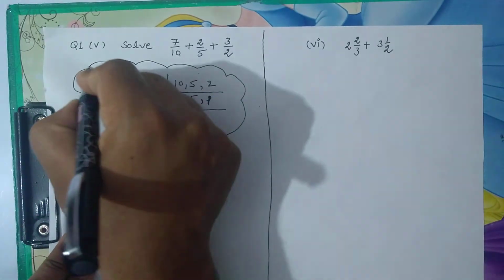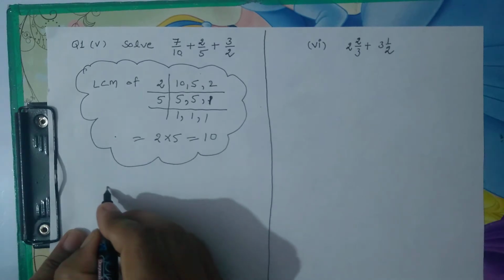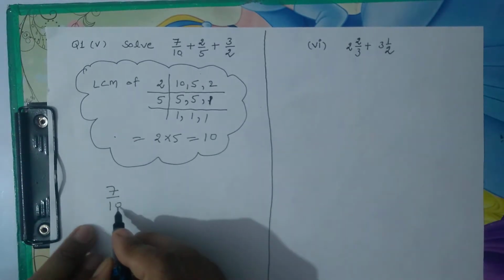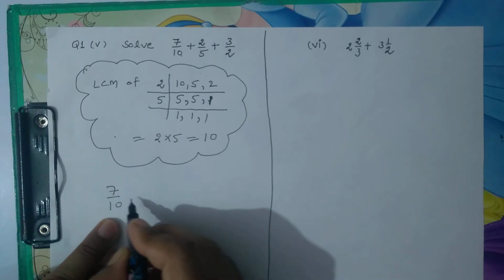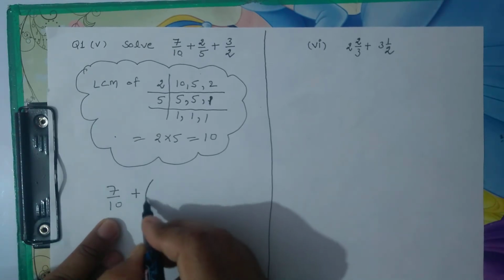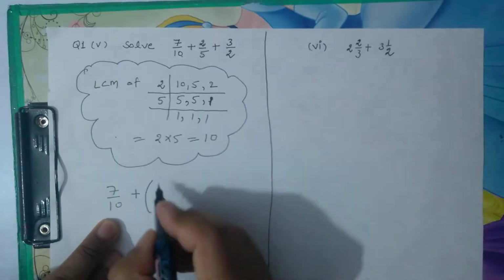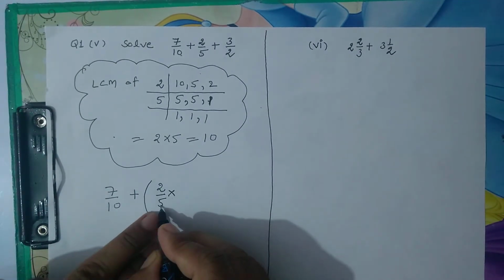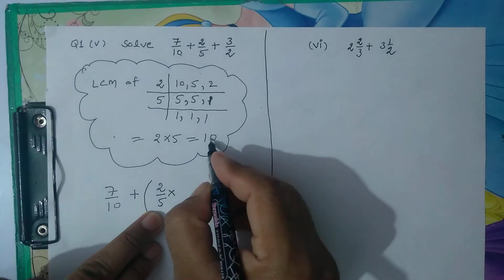So what shall we do now? 7 upon 10. 10 is already there, no need to multiply with any number. The next number is 2 upon 5. How to make 5 equal to 10?